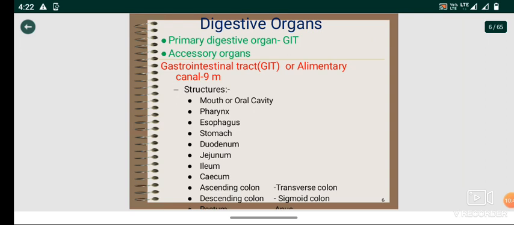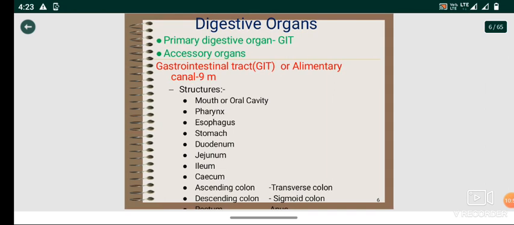Here we can divide these organs into 2 parts, that is the primary digestive organs, which are primarily known as GIT, that is gastrointestinal tract, and the accessory organs. The organs in continuity from mouth to anus we call primary digestive organs or the gastrointestinal tract. Tract because these are all in continuity as tubular structures, that is why we call it a tract. And gastrointestinal because the gastrum, that is stomach, and the intestine form a continuous part, that is why we call it GIT, that is gastrointestinal tract. So this is the primary digestive organ.